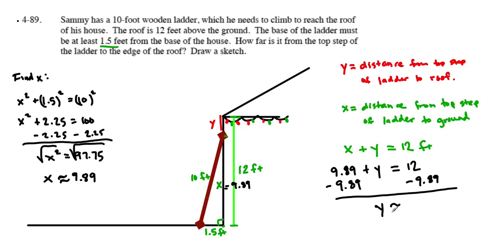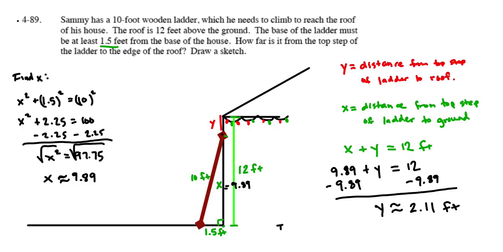So it's going to be approximately, because our answer we already approximated, 2.11, in this case feet. So our distance from the top step of the ladder to the roof should be about 2.11 feet.